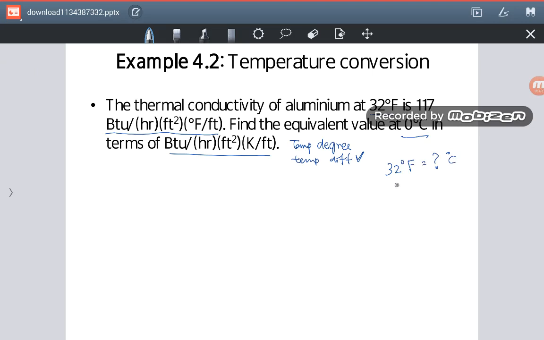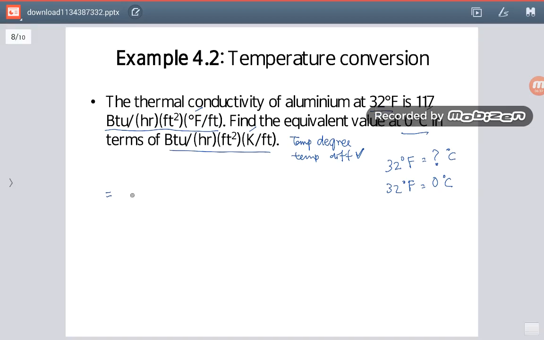Well, after doing the conversion, we know that 32 degree Fahrenheit is equal to 0 degree C. So we just straight away convert this temperature difference. We don't have to change anything. So now what we are going to do, because this is not to convert from Fahrenheit to Celsius but from Fahrenheit to Kelvin, and this is the temperature difference.